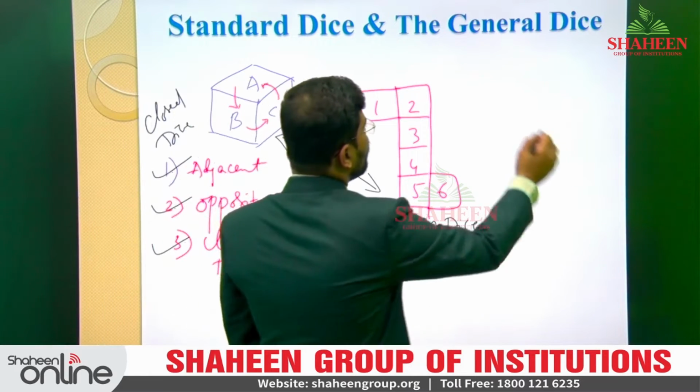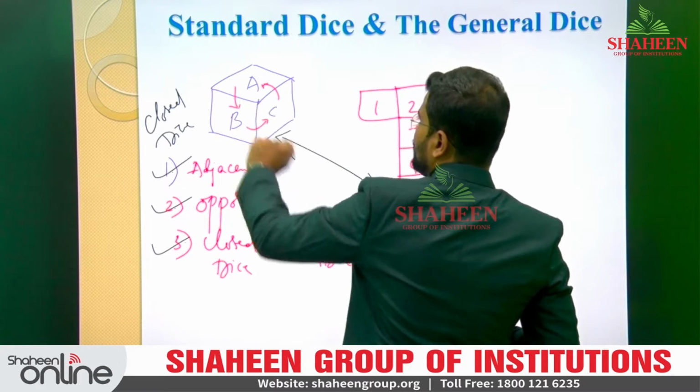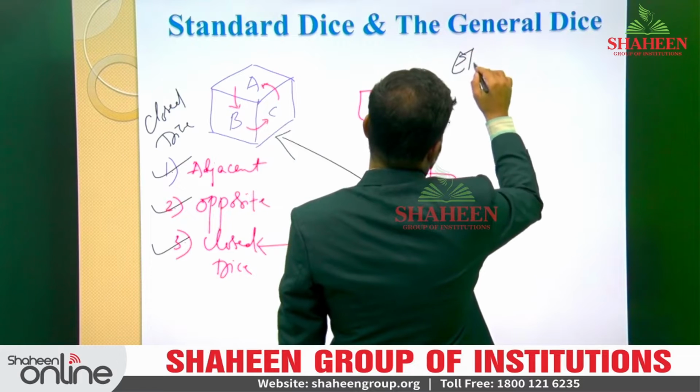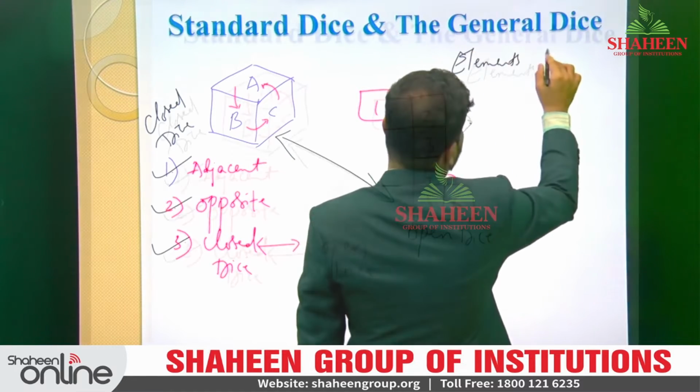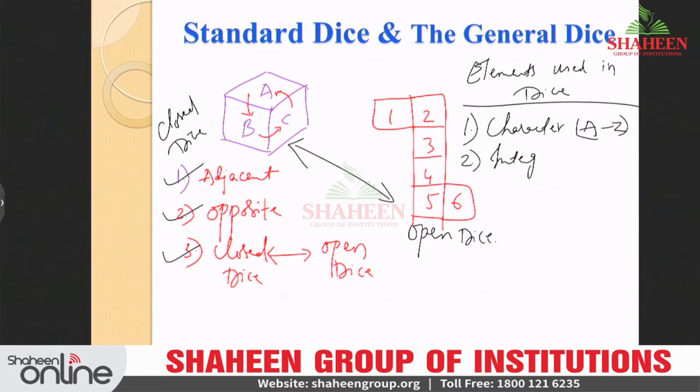Friends, now we will discuss what elements can be used in dice. One thing is characters A to Z. Second is integers, 1, 2, 3 till n.